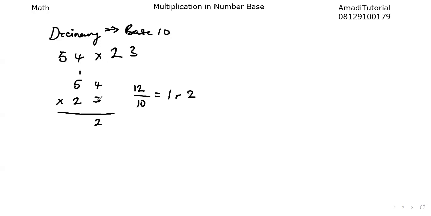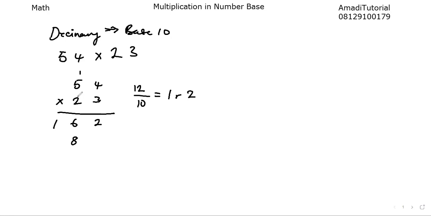So you now do 3 times 5. 3 times 5 is 15 plus the 1 you carried. That's 16. And the next one, you come to 2 here. 2 times 4 is 8. You just write 8, it is not up to the base.